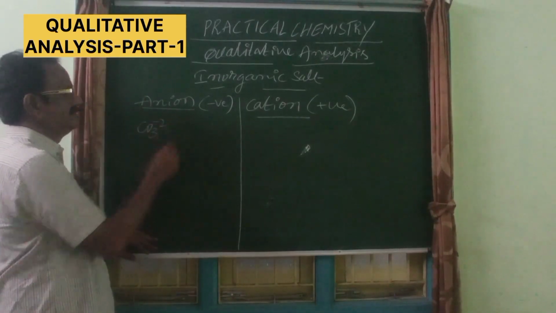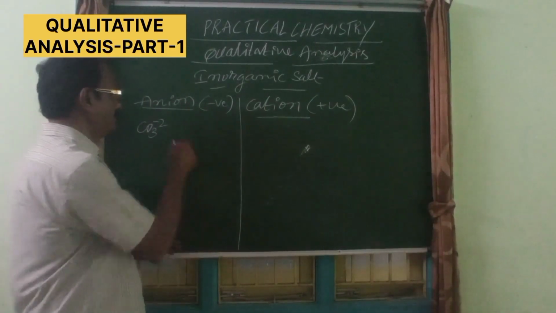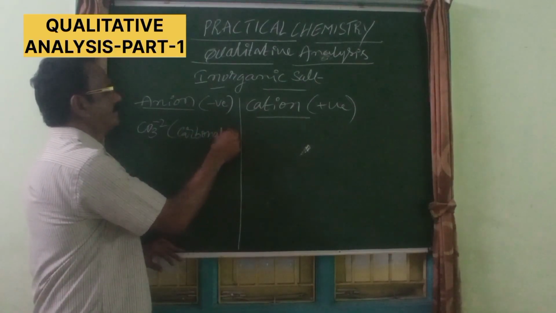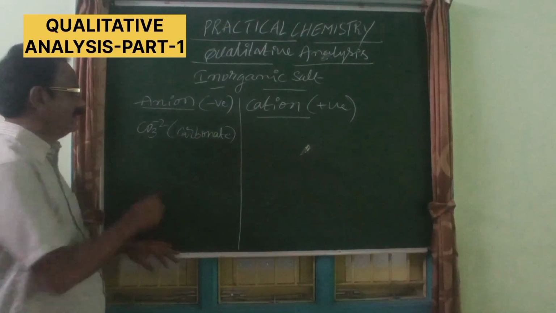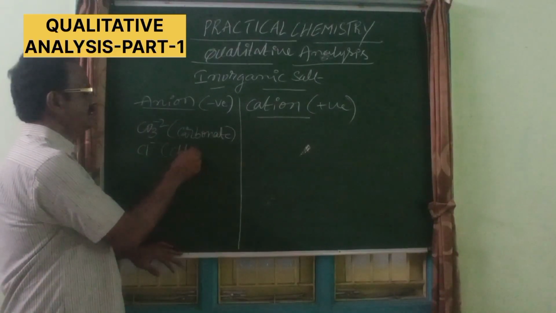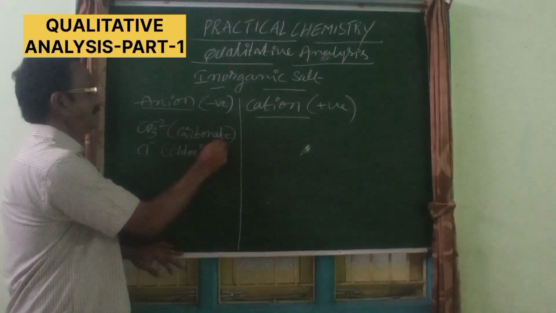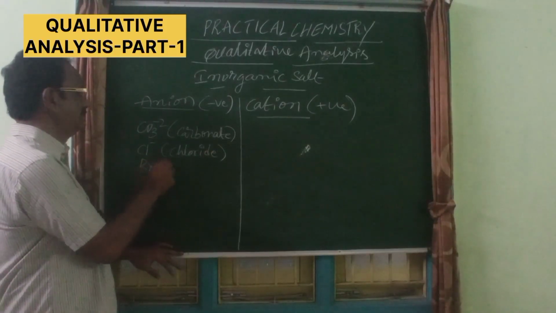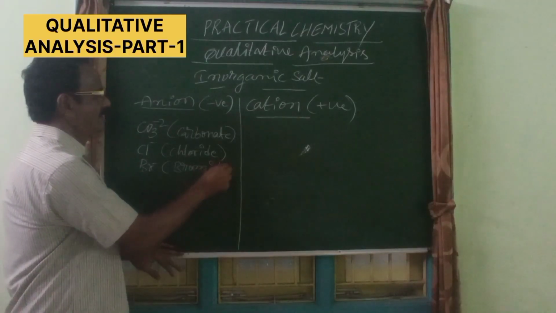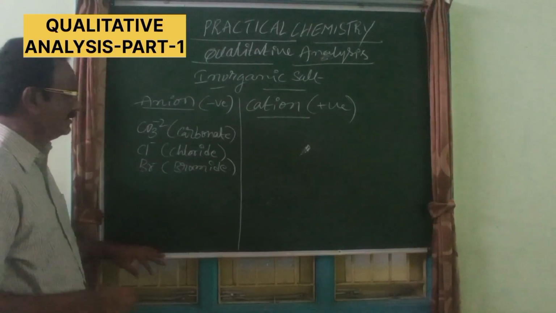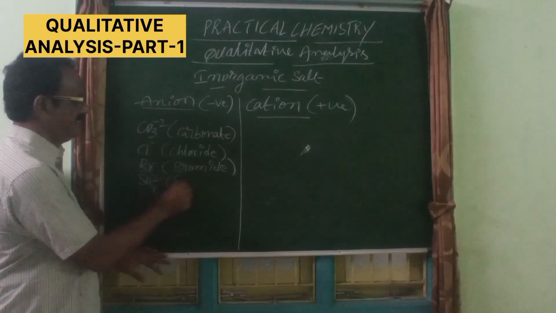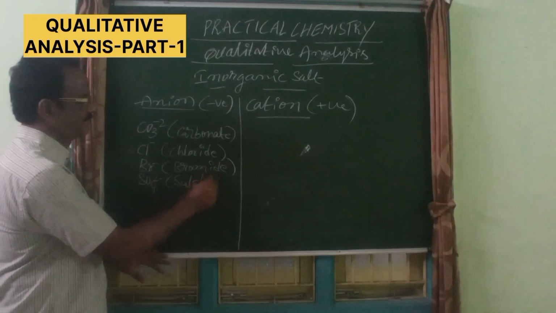CO3 2 minus, this is called carbonate. Cl minus, this is called chloride. Br minus, this is called bromide. SO4 2 minus, this is called sulfate.